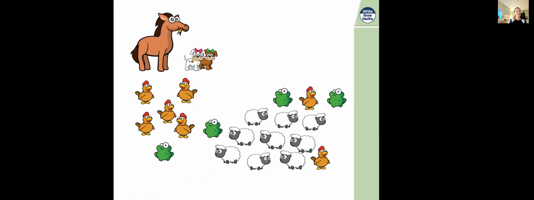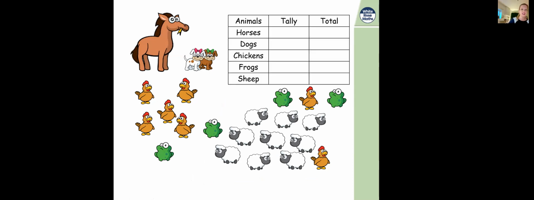So this is where we crank it up a little stage further. In front of us, we see a whole host of different farm animals. There's horses and sheep, chickens and frogs, and 2 little puppy dogs as well, with bows in their hair. Look, here we go. Here's our tally chart.